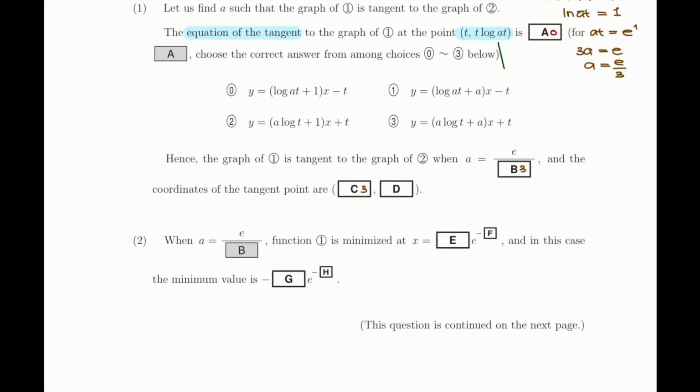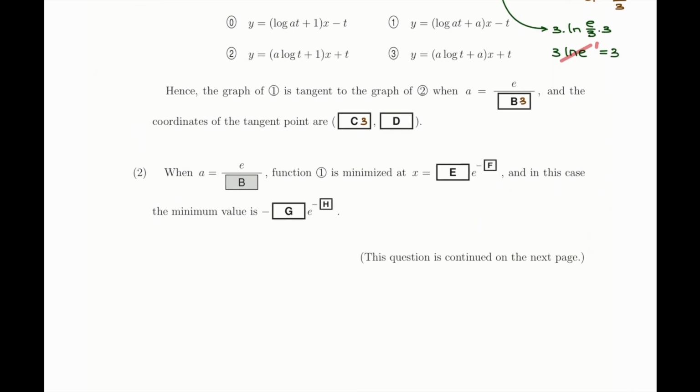If I substitute t and a, I will get d is 3 times ln of a times t. So 3 ln e is 1. So I got d is equal to 3.